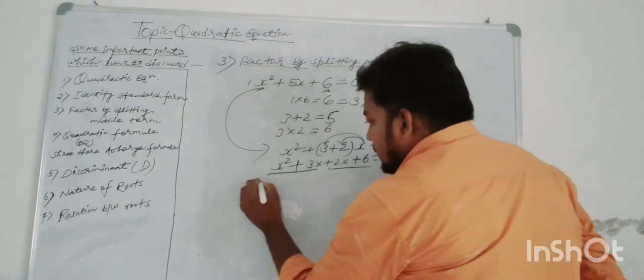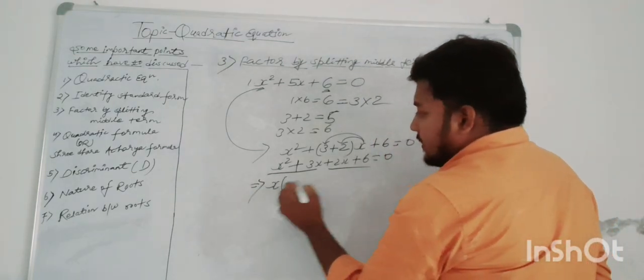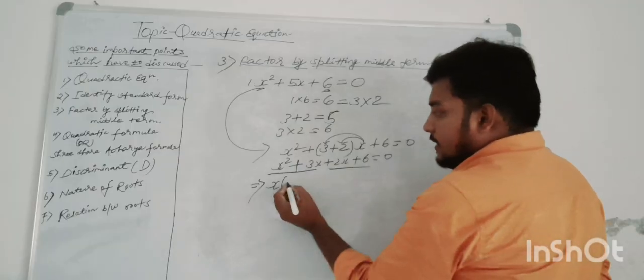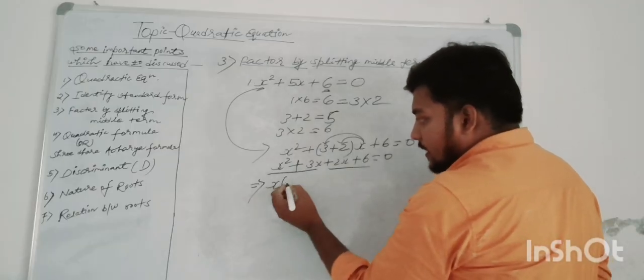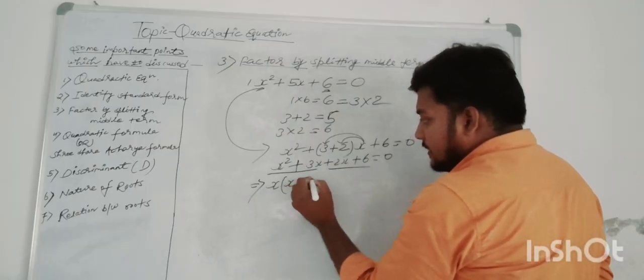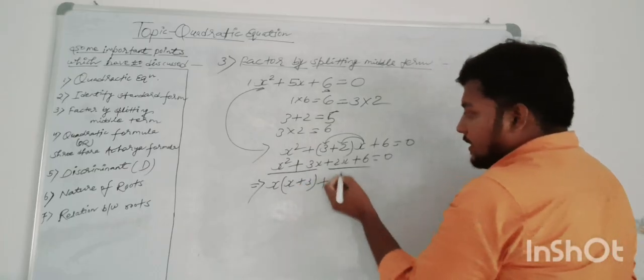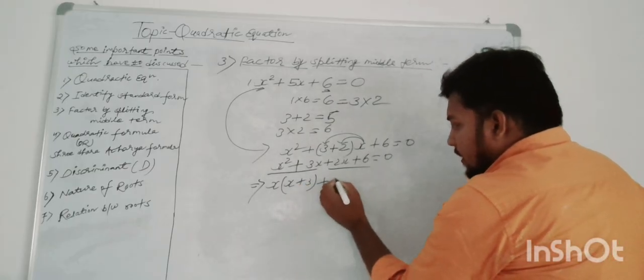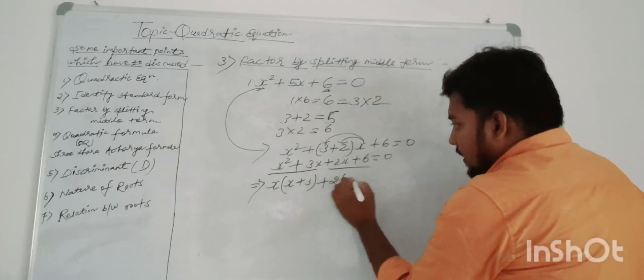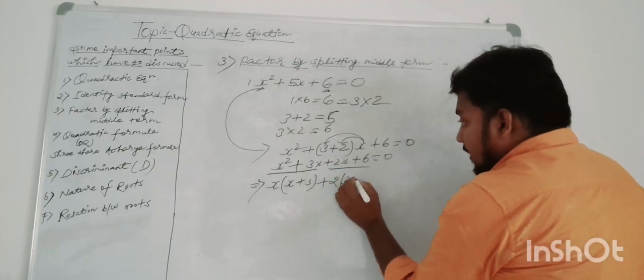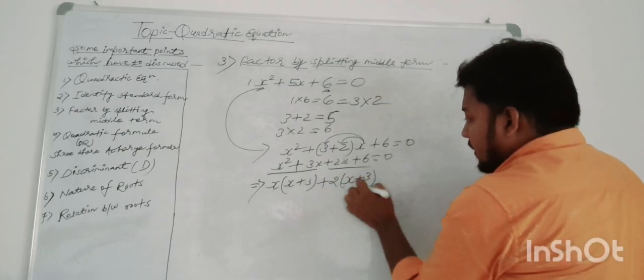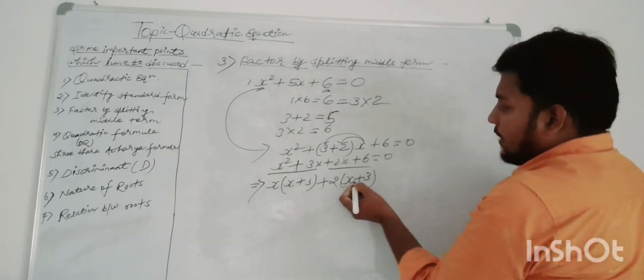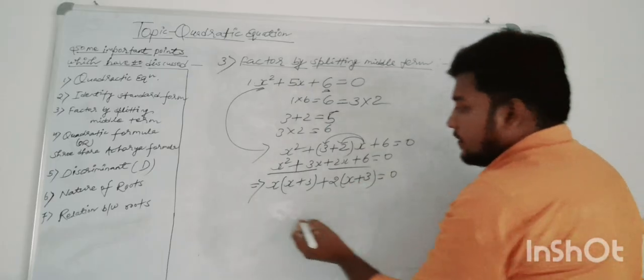So we get x, and the remaining term is x plus 3, plus here in the last two terms we take 2 common and we get in the round bracket x plus 3, which is equal to 0.